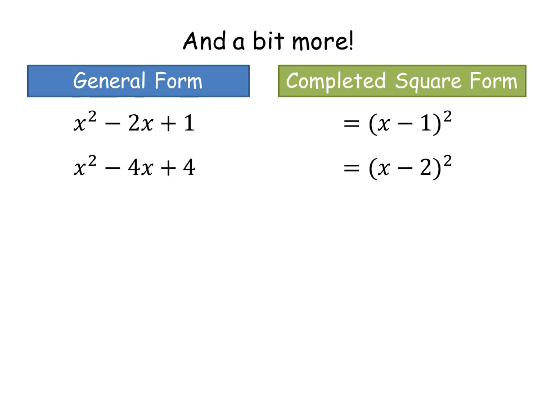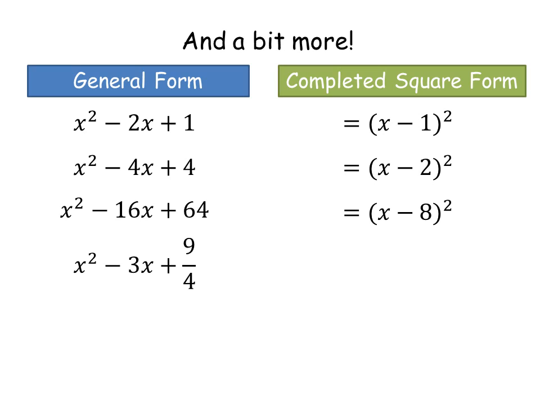And the completed square form for x squared minus 4x plus 4 is (x minus 2) all squared. And I'm sure by now you're starting to get the rhythm, get the pattern, see what's going on. Please do pause the video in between so you can stop, work the answer out, and then check.